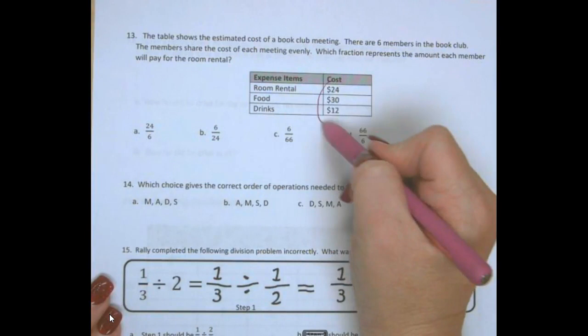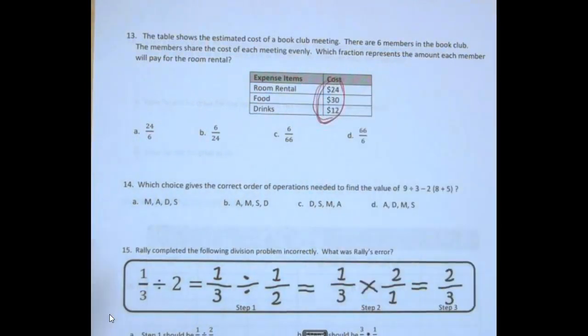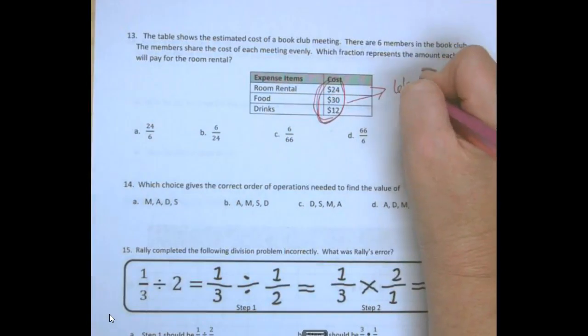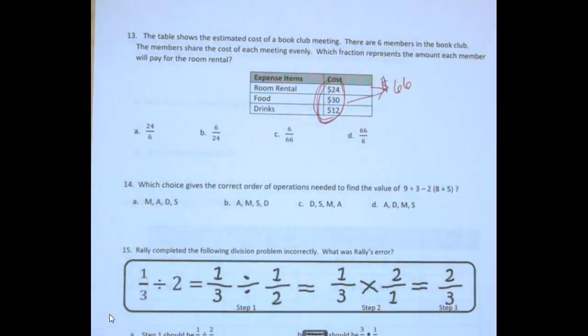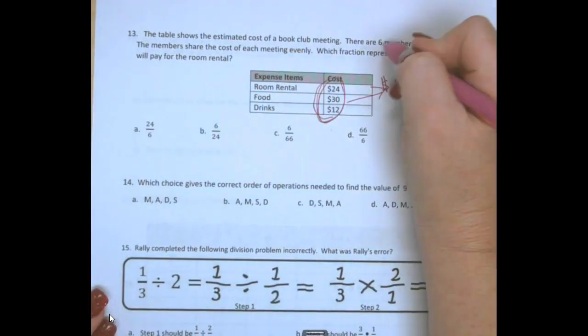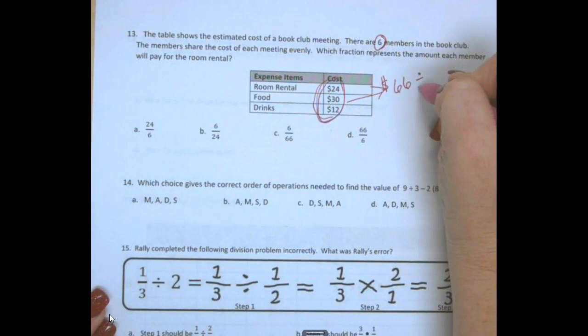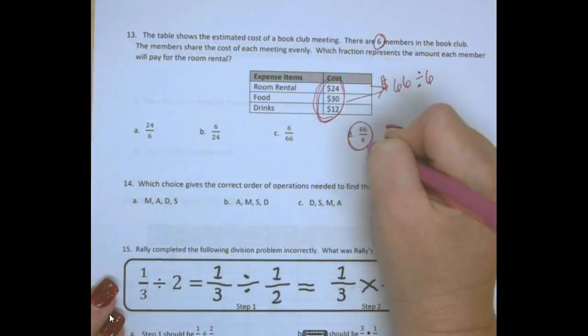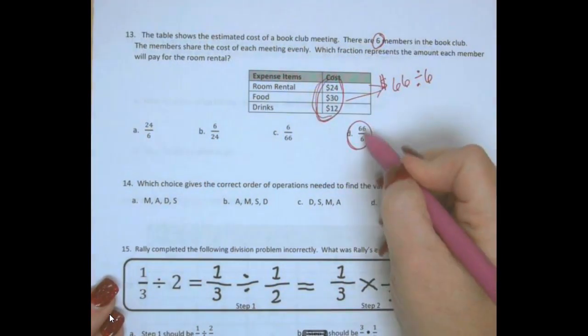So they're going to divide all of this up between the group members. So how much do they spend? $66. When you add those up, you get $66. And they're going to divide it amongst all book club members, and there were 6 of them. So I'm going to divide this by 6. What is another way I can write 66 divided by 6? 66 over 6. Remember, this is division.